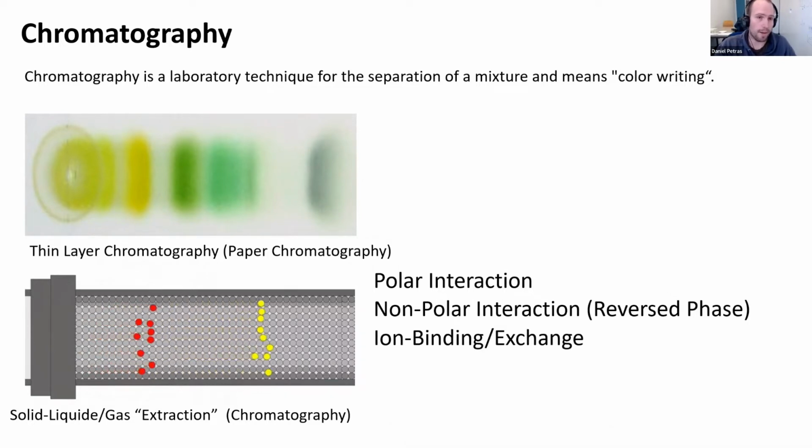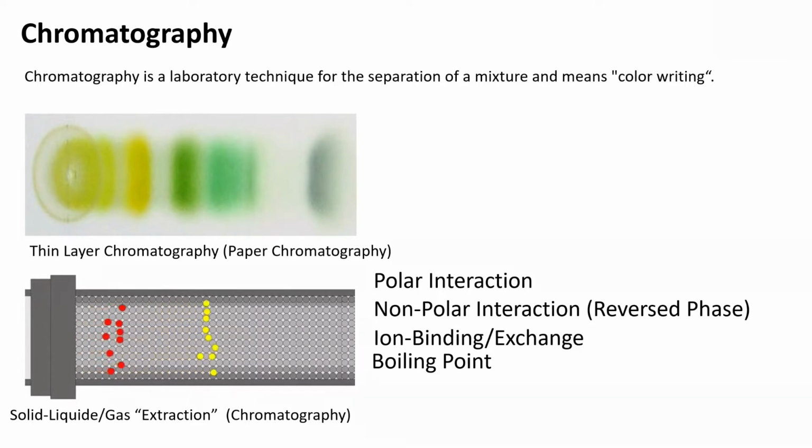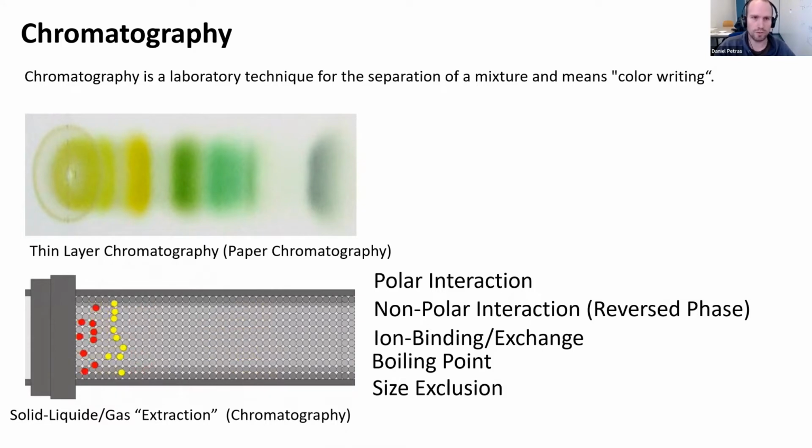Then there's also ion binding, so basically ion exchange columns, or boiling point for gas chromatography, where one phase would not be liquid but actually a gas. And then size exclusion, or also affinity, for example in protein purification techniques such as nickel affinity chromatography.